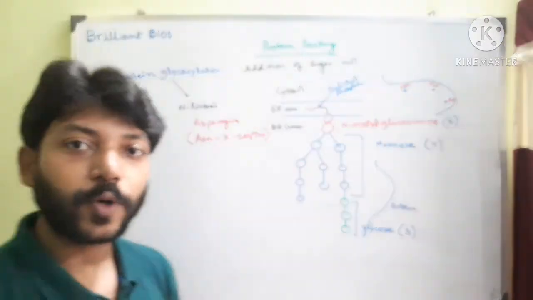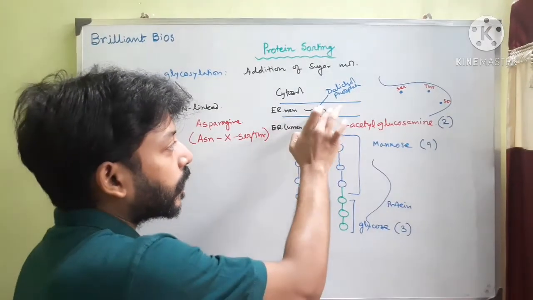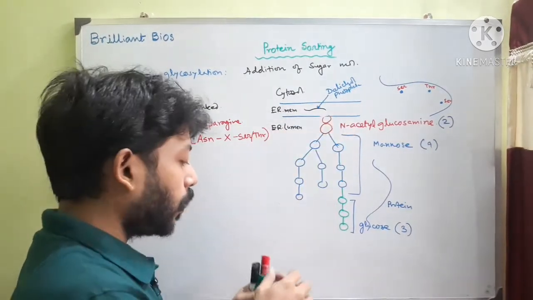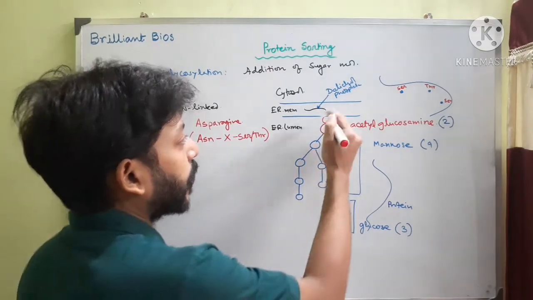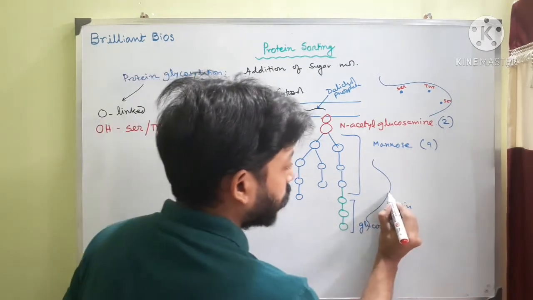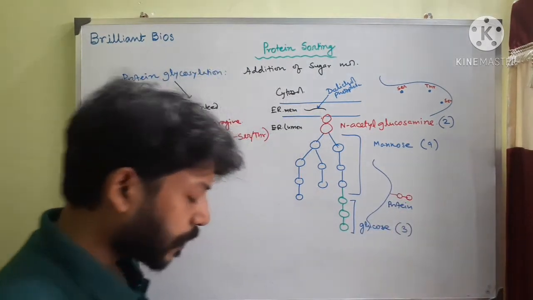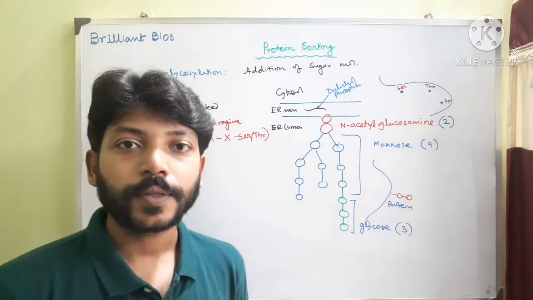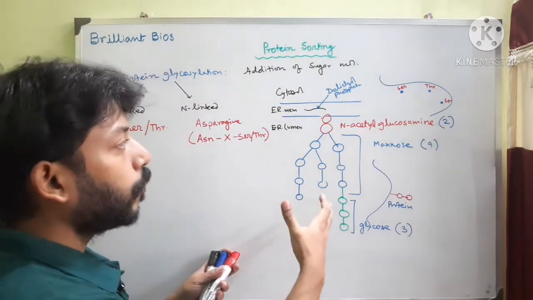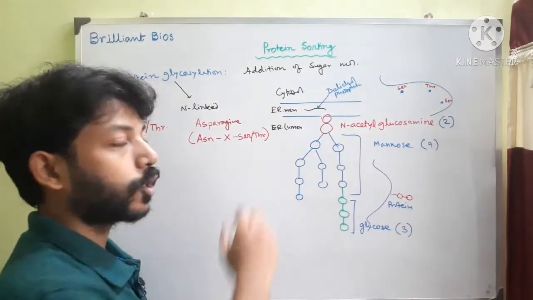Now there is an enzyme called oligosaccharyl transferase. That enzyme cuts here, and all the oligosaccharides are added to this protein. So this is how protein glycosylation occurs with the help of dolichol phosphate.